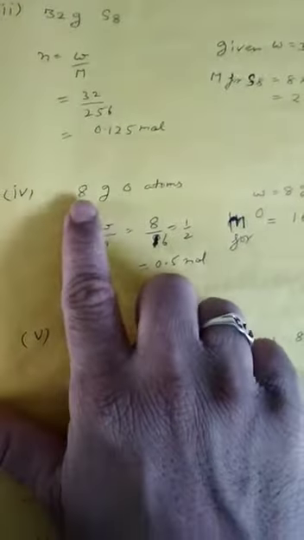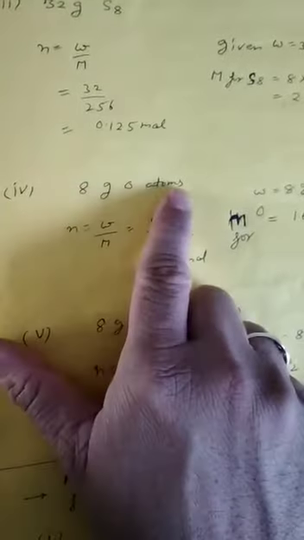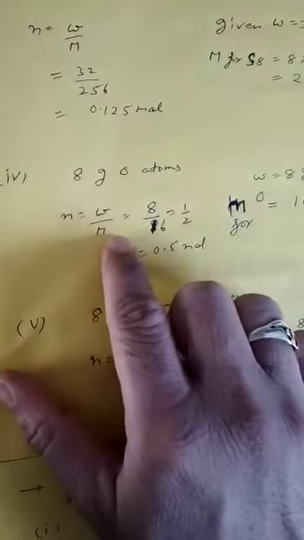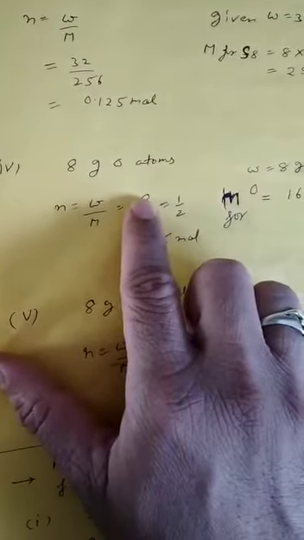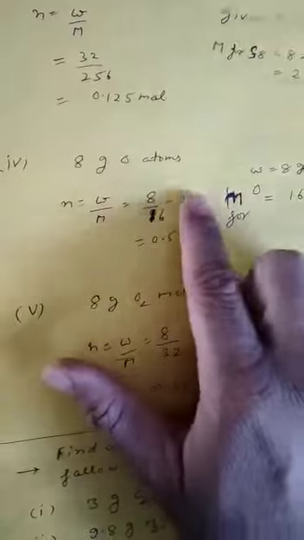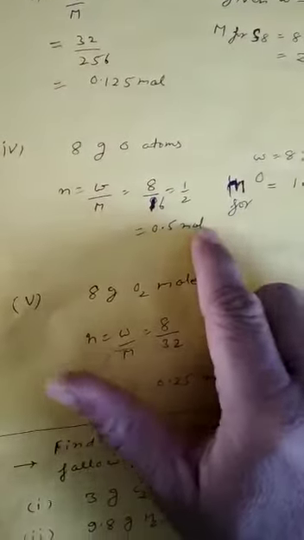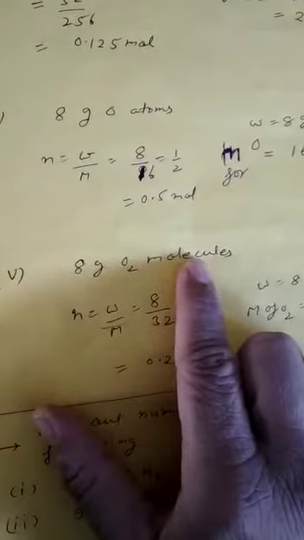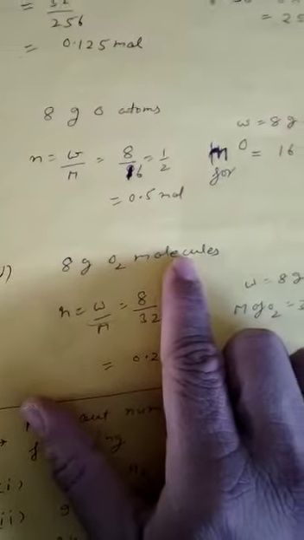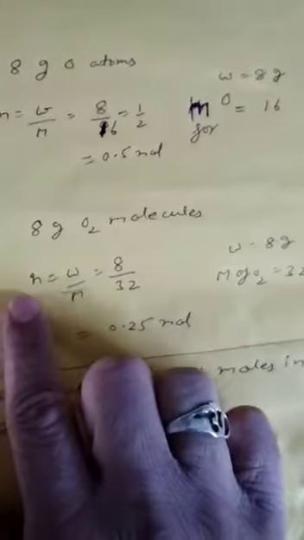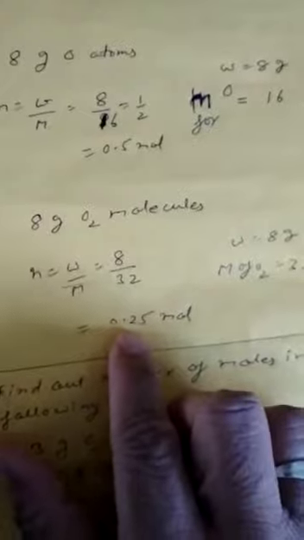Next example, 8 gram oxygen atoms, so number of moles again W upon M, given mass is 8 gram and the atomic mass of oxygen is 16, so that is 8 upon 16 is equal to 1 by 2, that is 0.5 mole. Now next, if you are given 8 gram oxygen molecules, then you have to take the molecular mass of oxygen, that is 32, so the number of moles N is equal to W upon M, that is 8 upon 32 is equal to 0.25 mole.